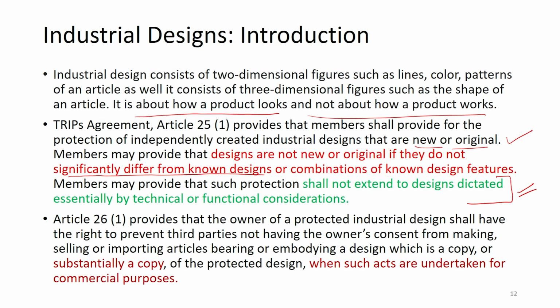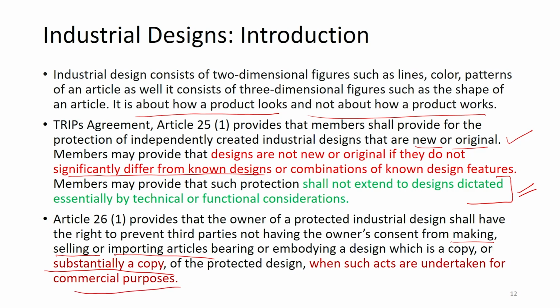Article 26, clause 1 provides that the owner of a protected industrial design shall have the right to prevent third parties not having the owner's consent from making, selling or importing articles bearing or embodying a design which is a copy or substantially a copy of the protected design when such acts are undertaken for commercial purposes.